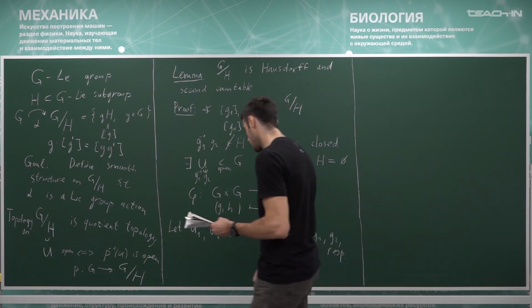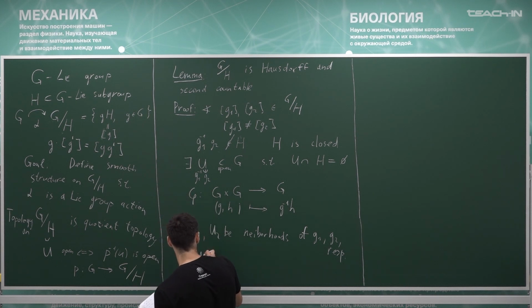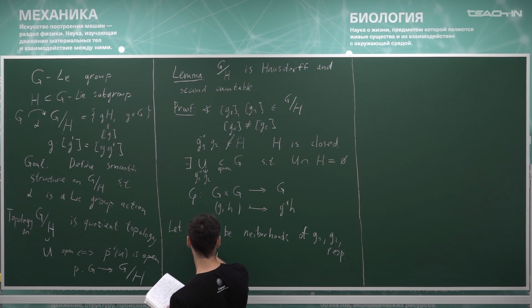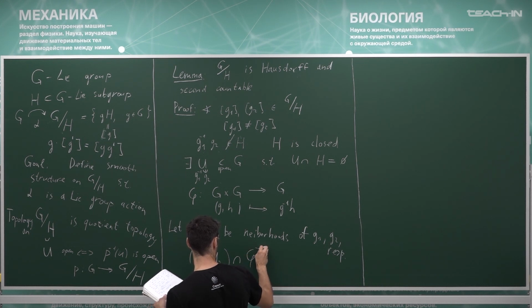So U1 times U2 is open, and this is a neighborhood of (g1, g2). Of course, these are some technicalities, but we cannot avoid all the technicalities. Let me intersect it with phi inverse of U.